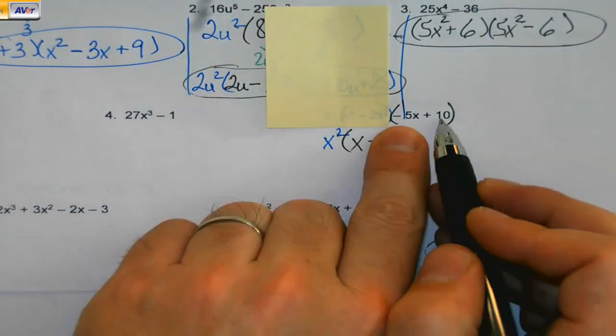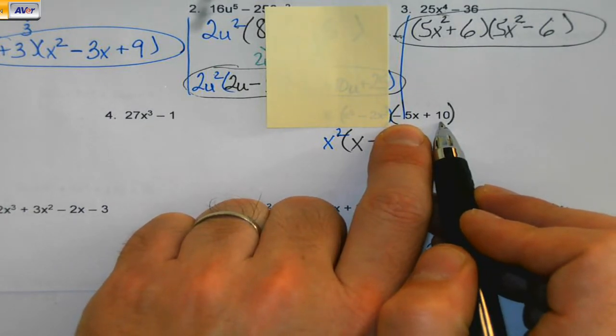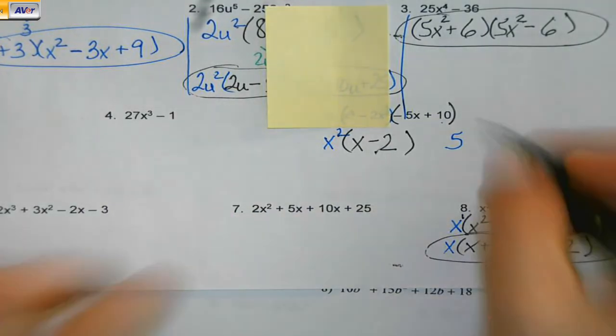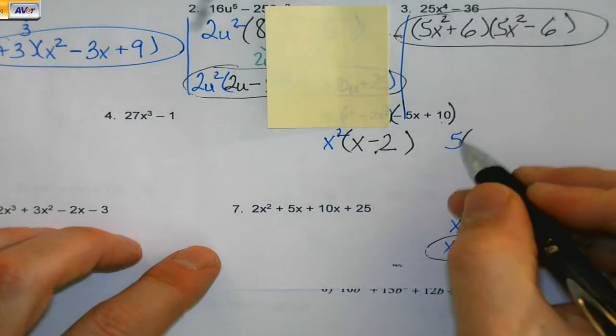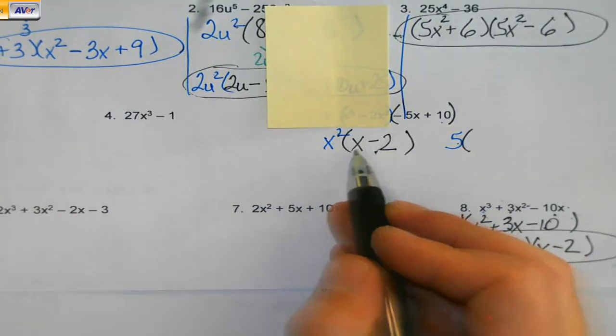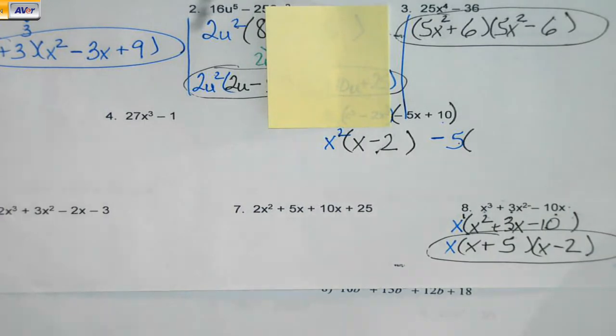So what can I pull out of these 2? Got to be something. 5. So now, if I pull out 5, wait a minute, 5 times what would get me to negative 5x? Ooh, that'd be negative x. That's not quite the same. So maybe I need to pull negative 5 out. Let's see if that works.